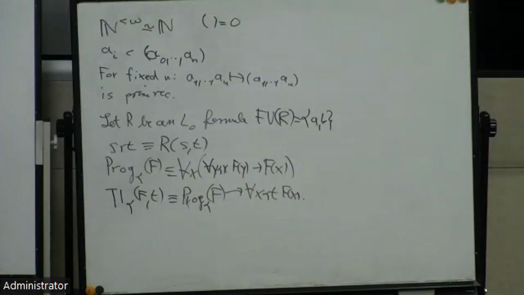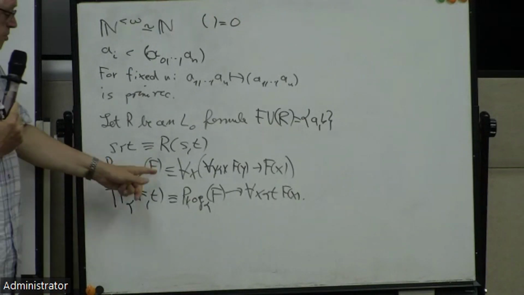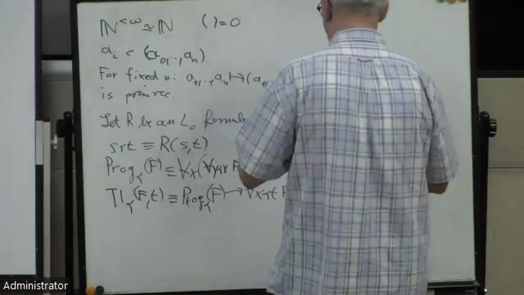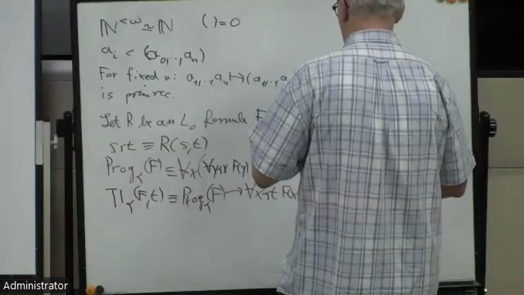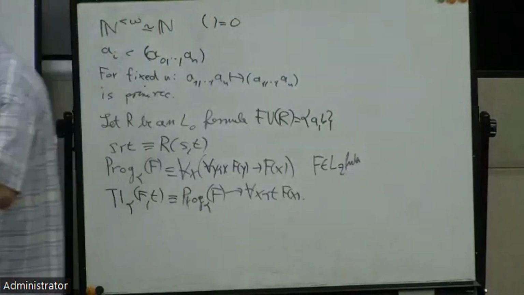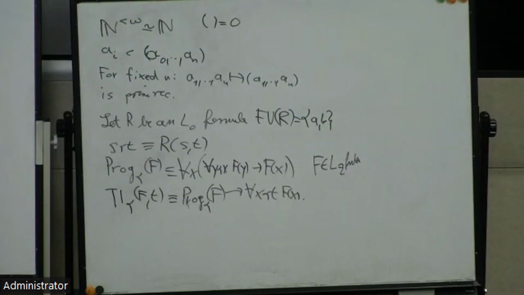We have here this unary predicate X, and this may show up in f. So f here is an L of Z formula. And since we say nothing about X, in the standard model, X can be interpreted as an arbitrary subset of natural numbers. So this is a formalization of the second order property, namely the transfinite induction.